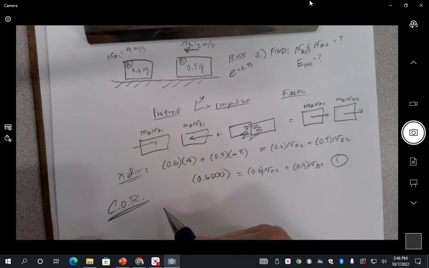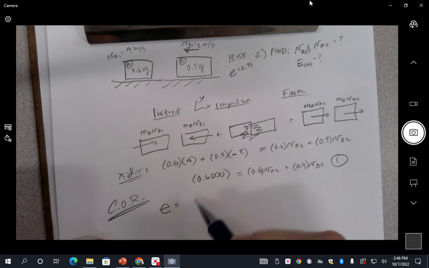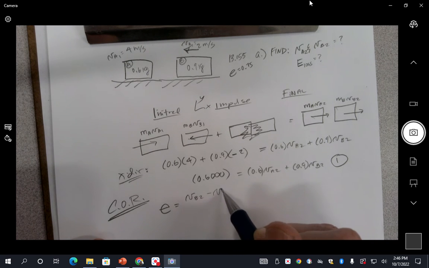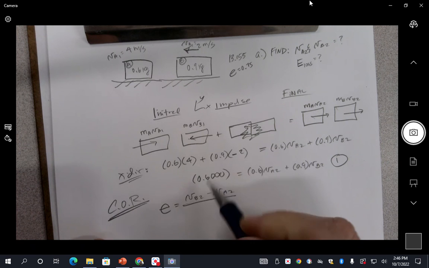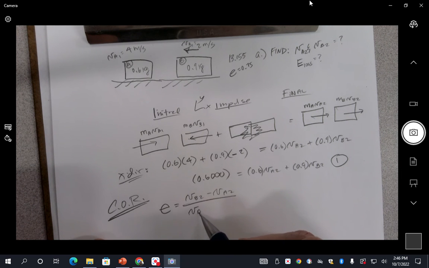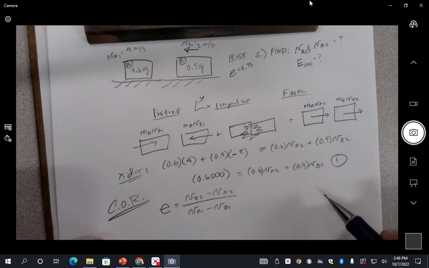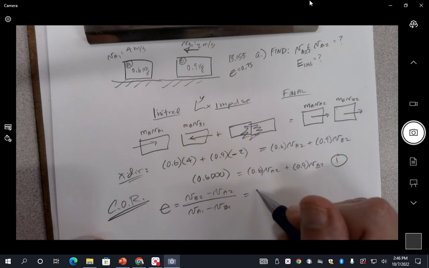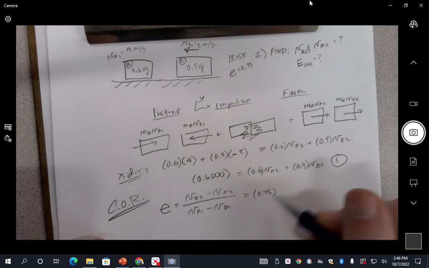We go to the coefficient of restitution. VB2 minus VA2 divided by VA1 minus VB1 is 0.75.